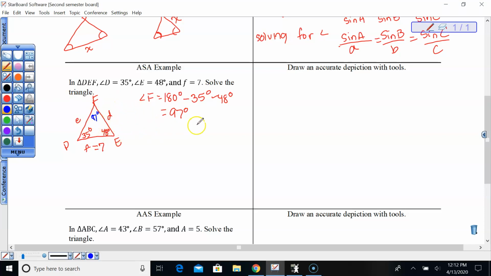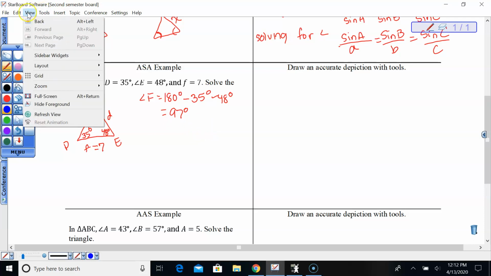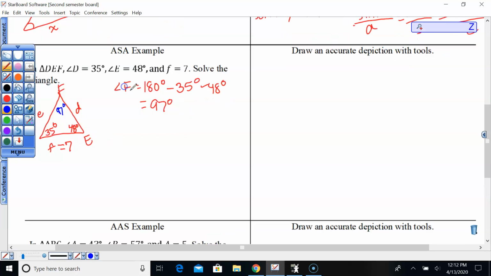All right, now I'm going to zoom in just a little bit here so you can see a little better what's going on. All right, so now let's find side D. We're looking for side D, and we want to use the information where we have two pieces of information. We have the pair of angle F and side F, so we will be using those pairs.